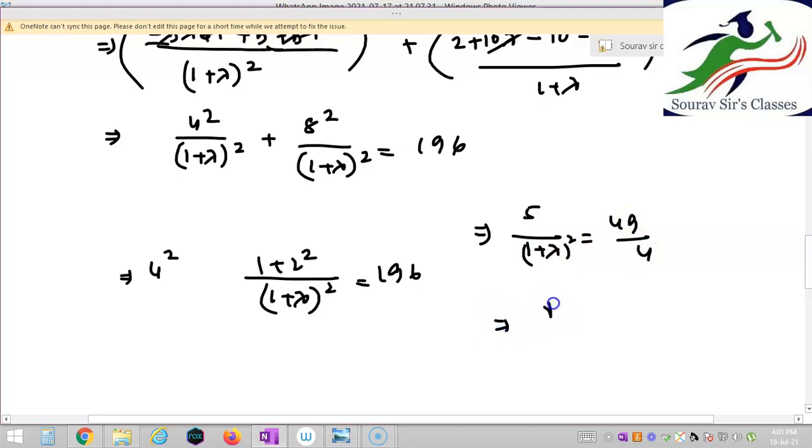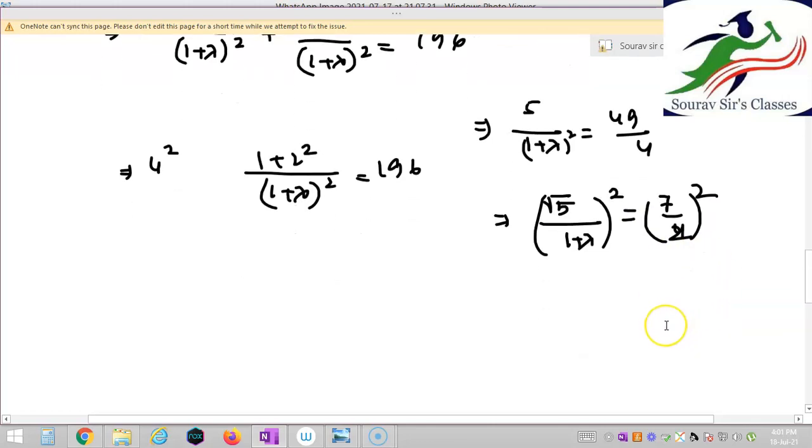So I can write the square root of 5 by (1 plus lambda) whole square is equal to (7 by 2) whole square. From this I can say root 5 by (1 plus lambda) is equal to plus minus 7 by 2, right?